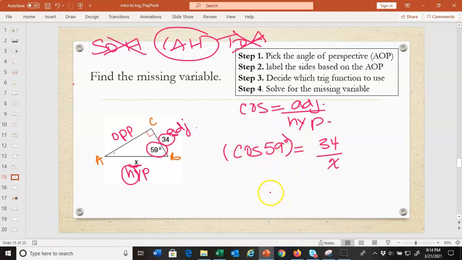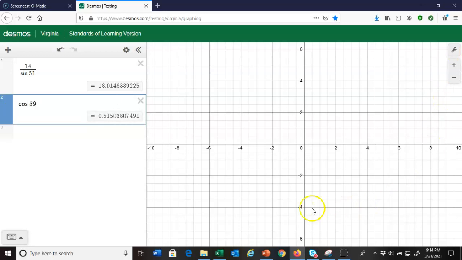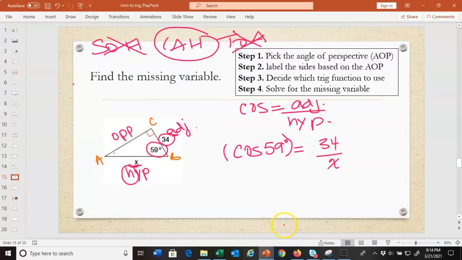I know some people are bothered by it, but I promise you it is a number. If we go to the calculator and put cosine of 59, it represents a number. It's 0.515. That's it. I hesitate to suggest that because it's better to do it at the end, so that you don't lose any of those decimal values if you round too early.